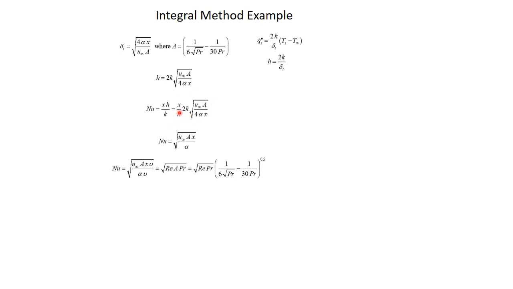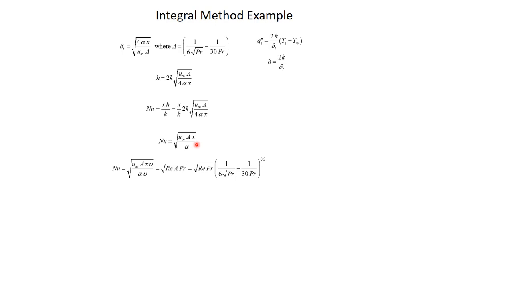So I should be able to express this in terms of Reynolds number and Prandtl number. If I take this group here and bring the x in, that's going to put an x on top here. These k's cancel out. If I square the 2 and bring it in here, it cancels with the 4, and I'm left with this.